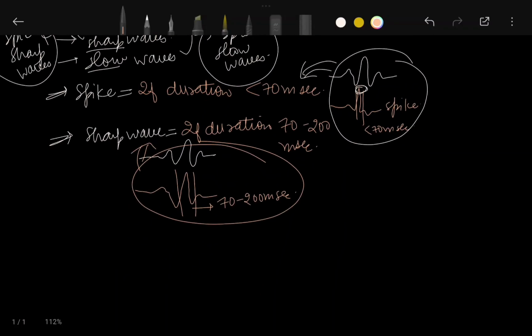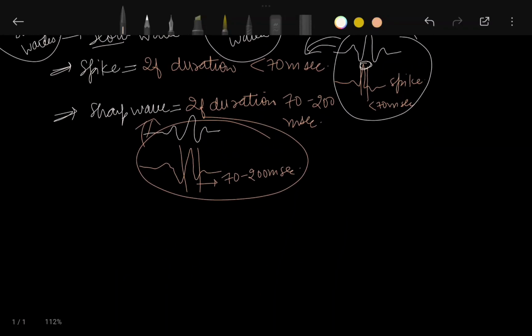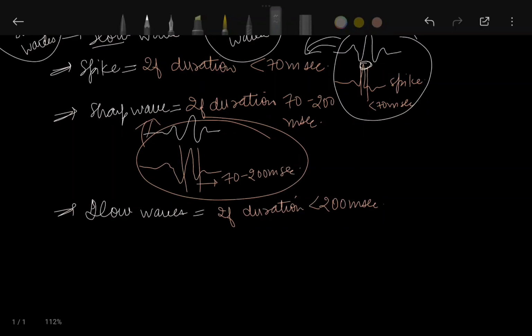Now what is a slow wave? If the duration is more than 200 milliseconds, then the wave is known as a slow wave.